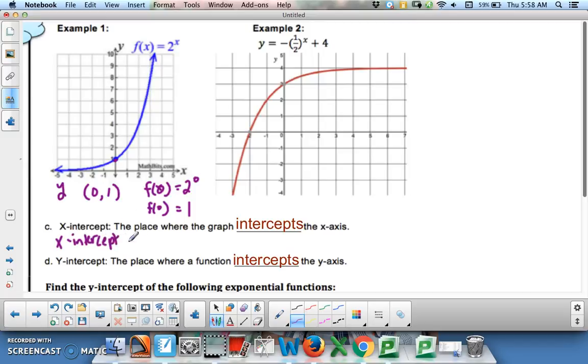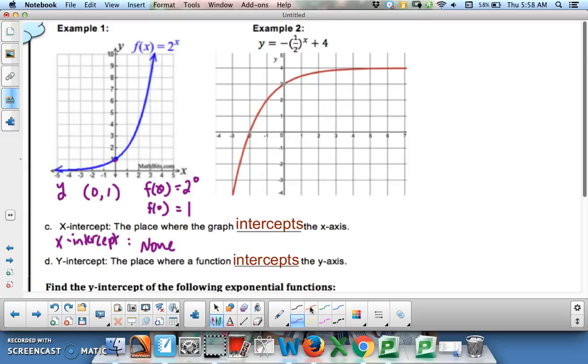It does not exist. And that is going to happen with exponentials from time to time. If you have an asymptote of y = 0, then you don't have an x-intercept. Because algebraically, if I wanted to find the x-intercept, then I'm going to plug a 0 in for that f(x). But we just talked about how that can't happen. We can't get 0 there.